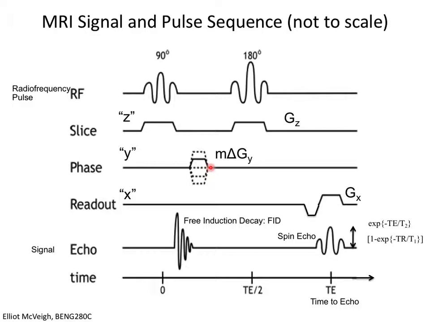Magnetization vectors that are up, or increased in value in Y, will be precessing at a faster rate because the gradient is producing a higher frequency up there. And those magnetization vectors below the 0 plane will be precessing at a lower frequency.